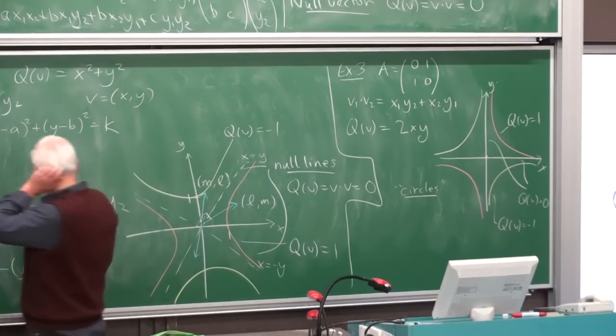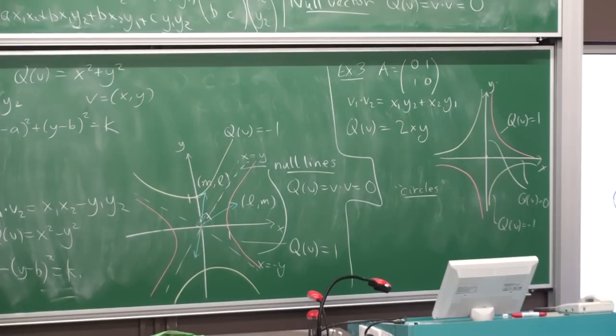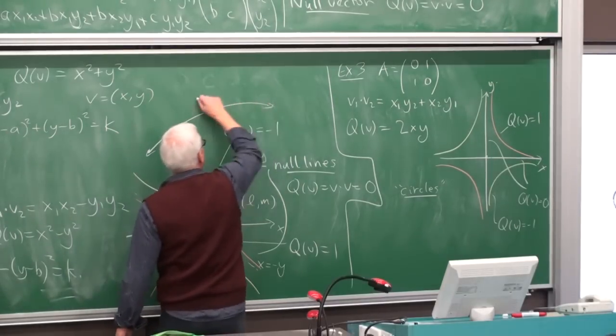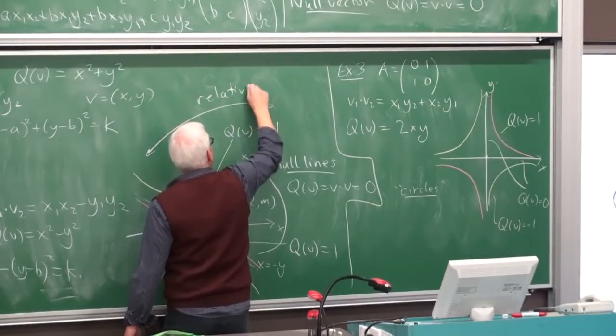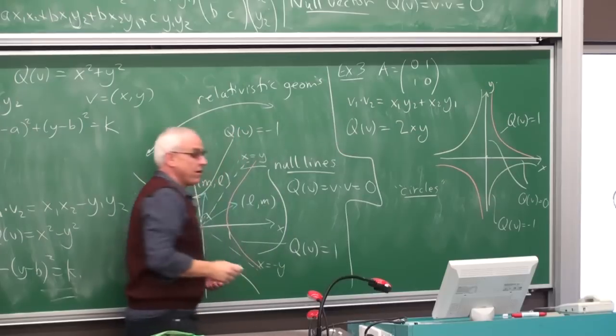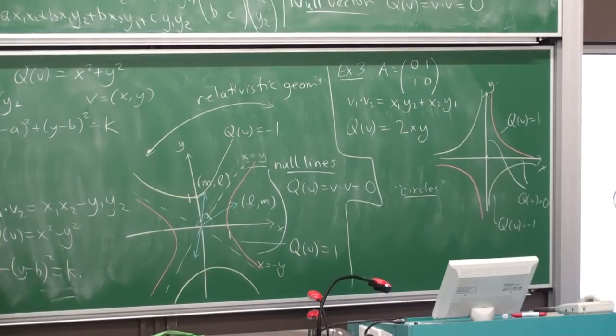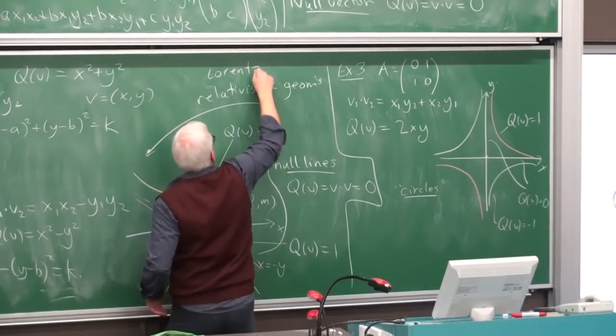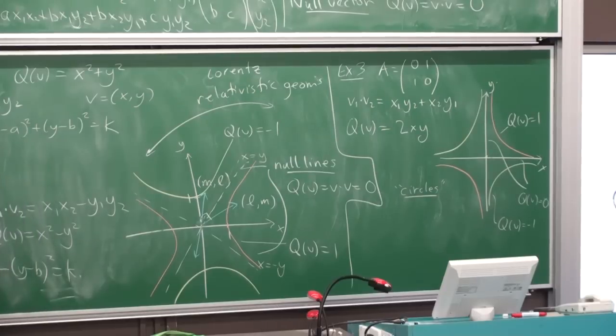Now, for future reference, these three particular geometries are quite interesting, so we're going to give them some names. These two here are, of course, relativistic geometries. These days they may be associated with the name of Einstein and maybe Minkowski, but they were also studied before that by the physicist Lorentz. So often they're called Lorentz spaces.